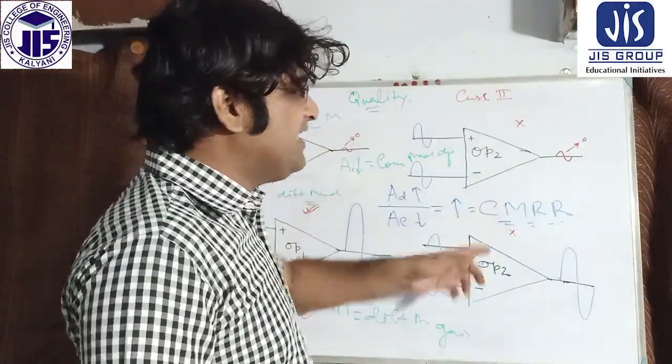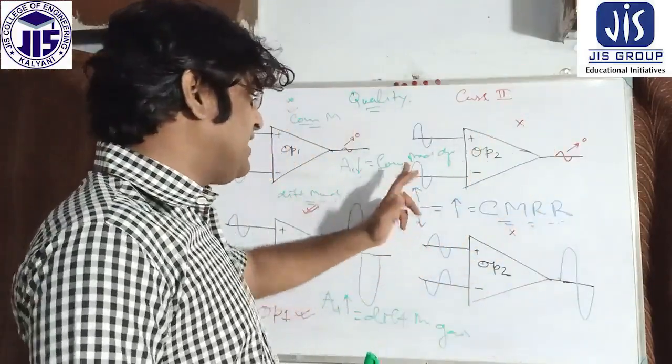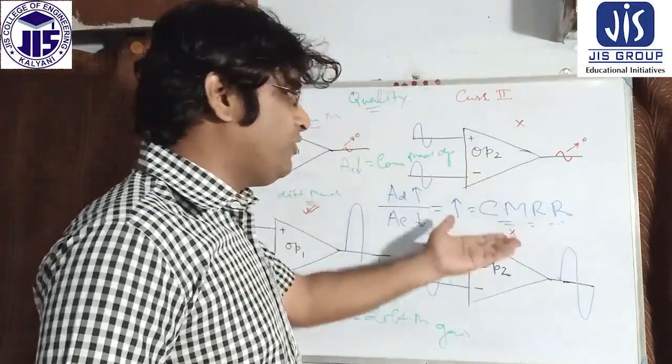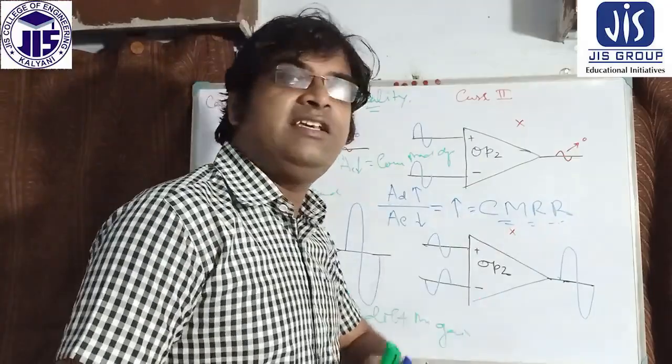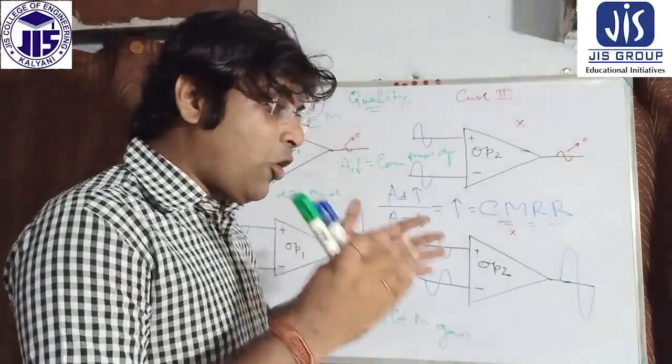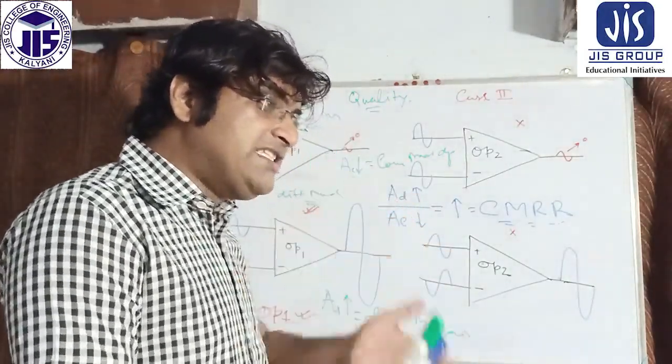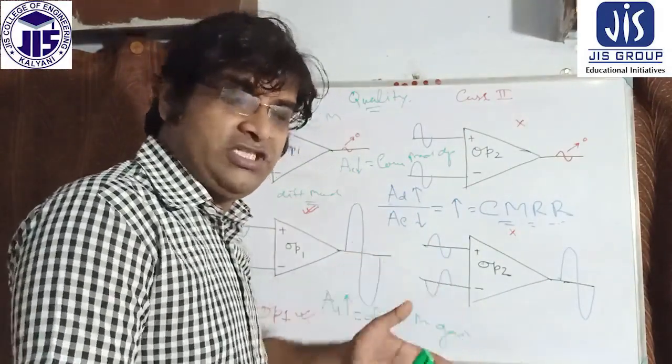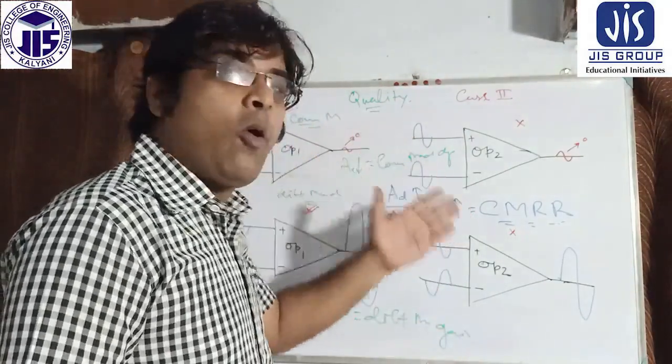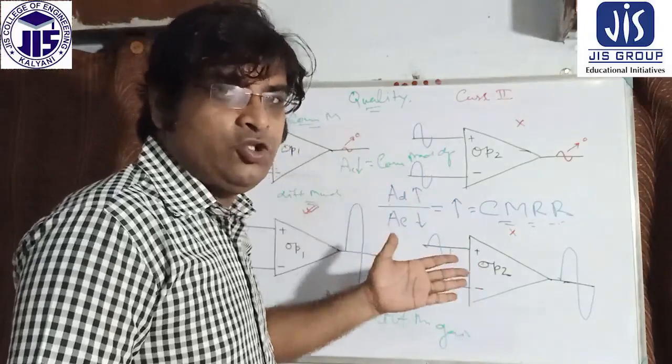For that reason the CMRR tends to be high. This is high, this is low, and from that point of view the CMRR shows how much the op-amp is capable of rejecting the signal in the common mode position, which is actually the common mode rejection ratio concept.